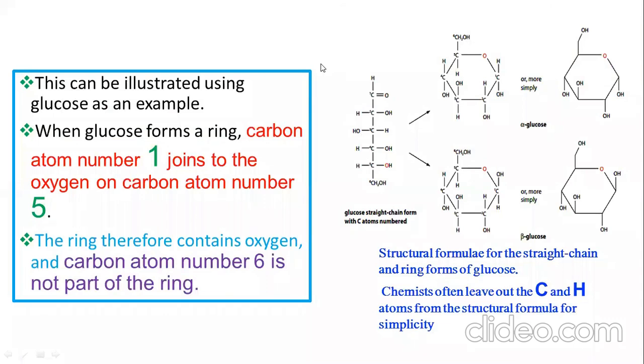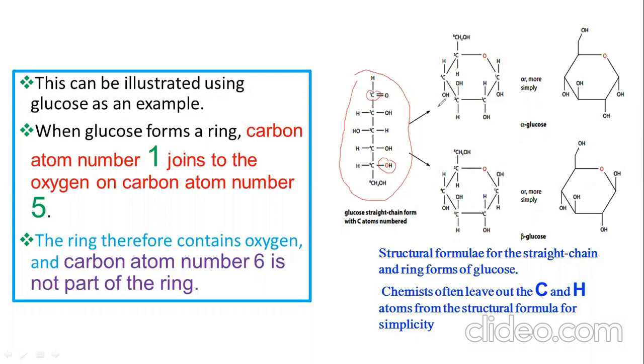This is a straight form of glucose, right? So this ring form will form between carbon number 1 and carbon number 5, right? So they will form a bond. Is it clear? The hydroxyl group with carbon number 5 and with carbon number 1.